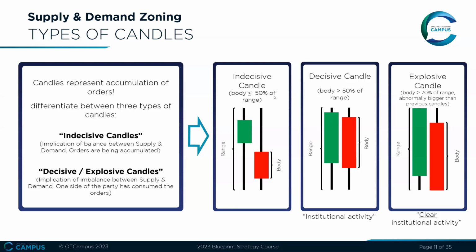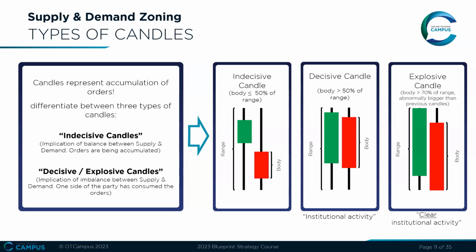So the body to entire range ratio will be bigger than 50%, but the candles may be very small in context to other surrounding candles, which still implies some indecisiveness going on in the market. So you have a scientific rule and a visual cue rule.